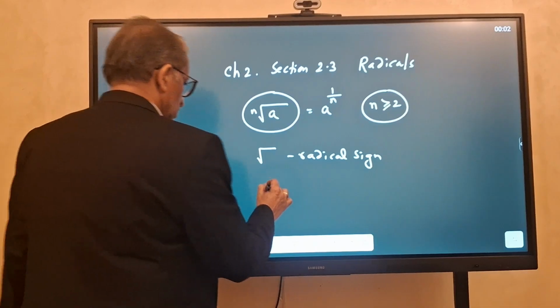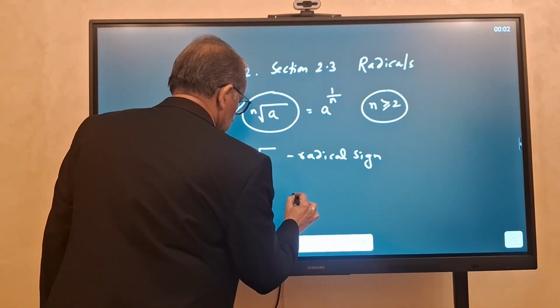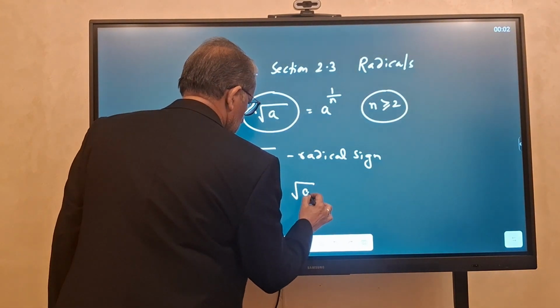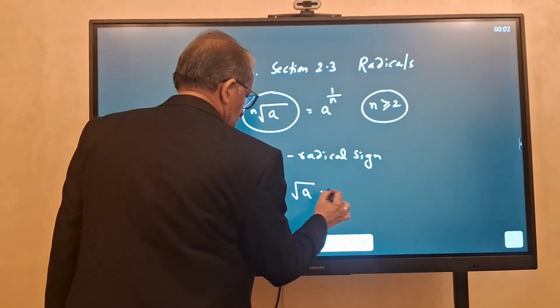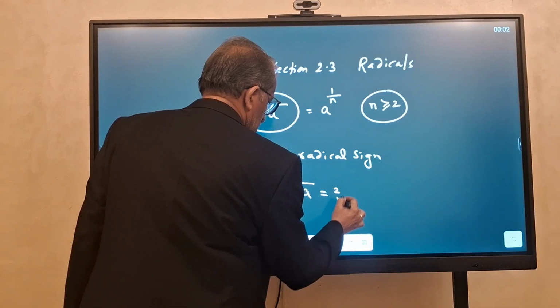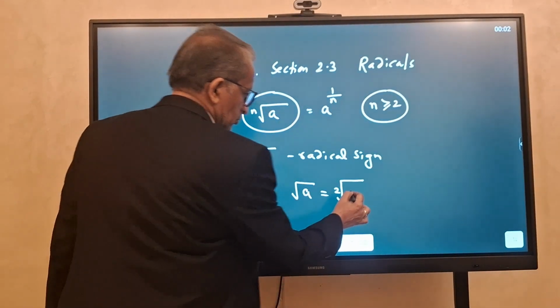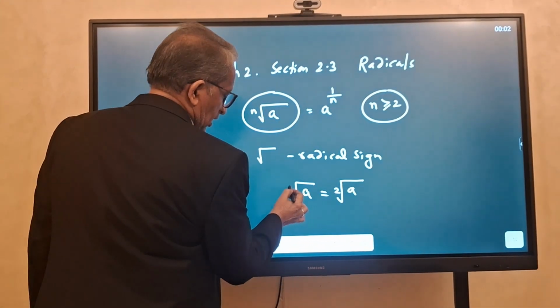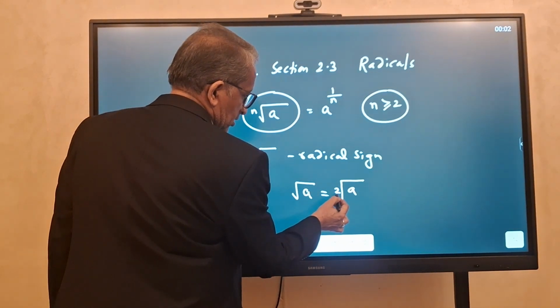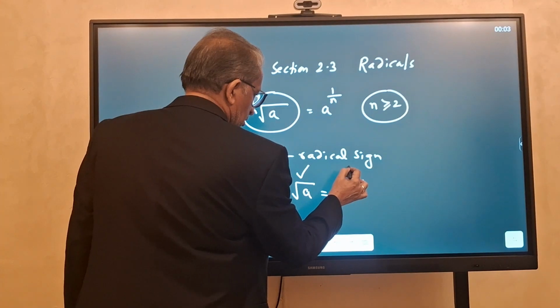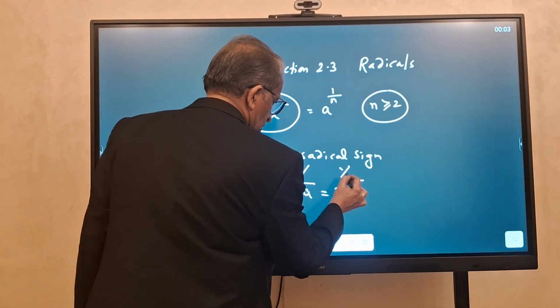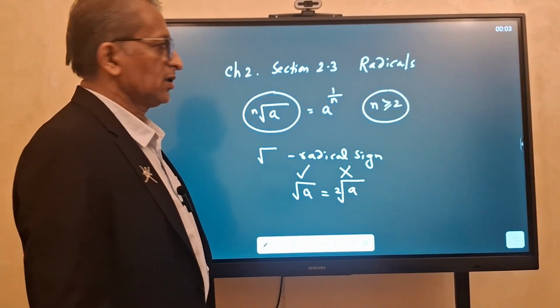Further, when we write this, what is the meaning of this? Here we have default 2. It means if I don't write any number here, that means it is 2. The meaning is this, but we don't write it like this.